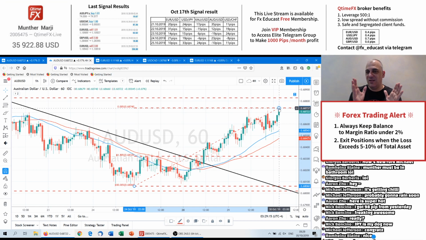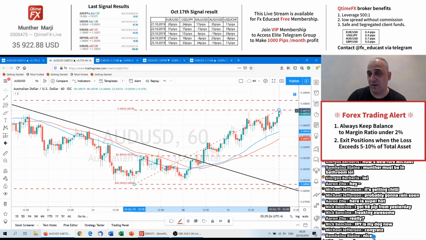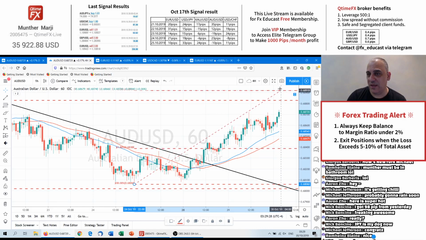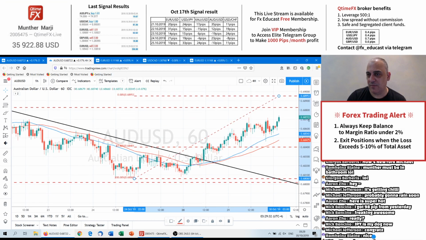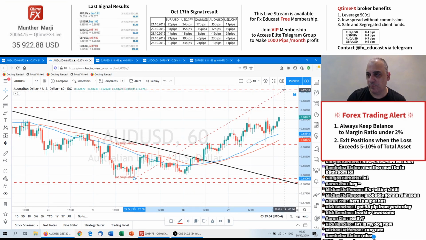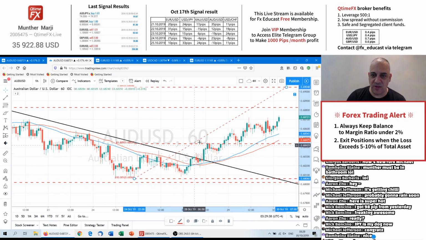So we cannot use the current price of the market to calculate this retracement. Why is that? Because at the time when we get in the market, the price would be at 69.05. Something like this. So this is the move that I want to calculate retracements for.